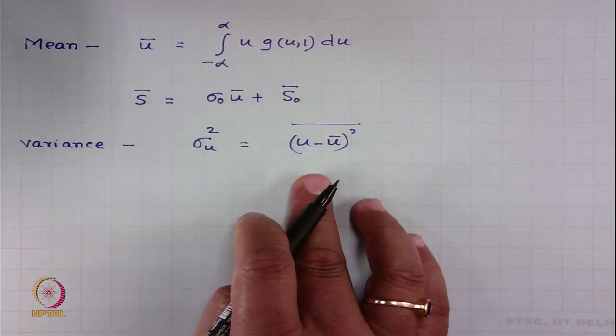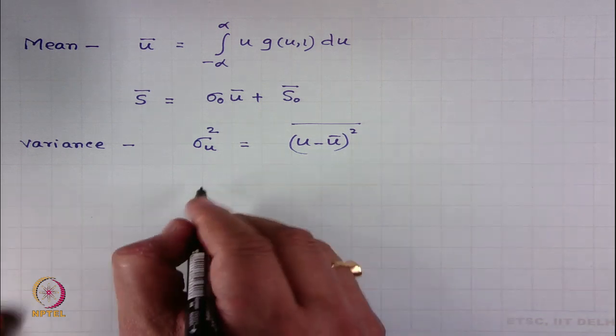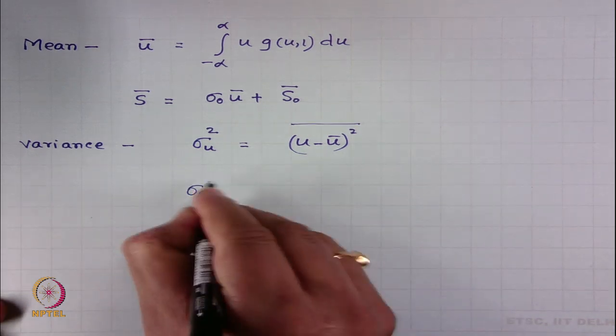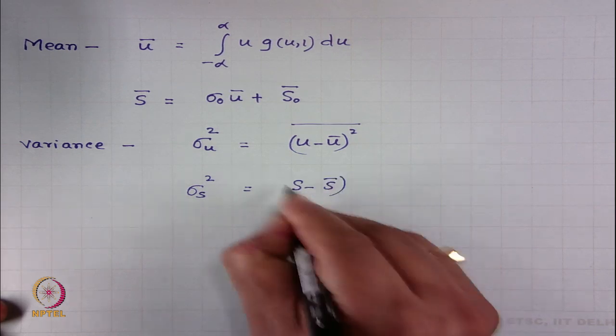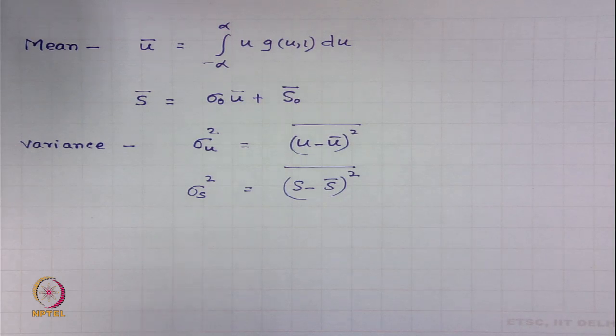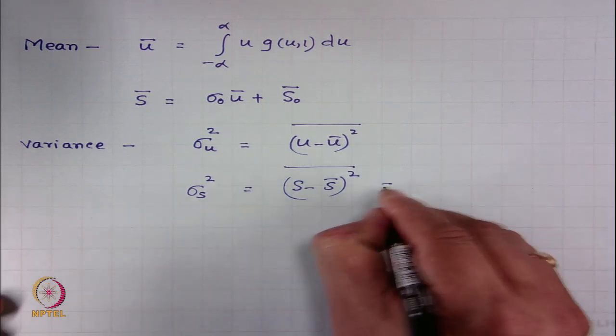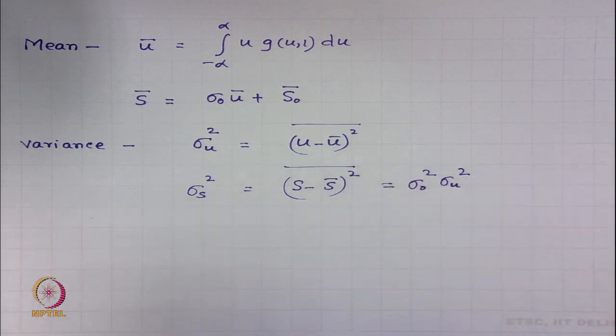Using this we can find out the variance. So, variance of S, sigma S square, is S minus this square. So, that will be basically sigma square into sigma u square.